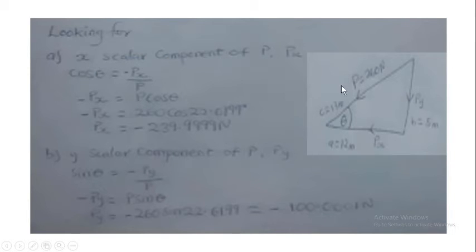Now we're looking for the x scalar component of P, that's Px. And so from this particular diagram, we can see that cos theta equals negative Px, because it's going to the other side, that's the negative side of the x-axis, and we can see the arrow here moving towards the opposite side of the x-axis, so it's negative.